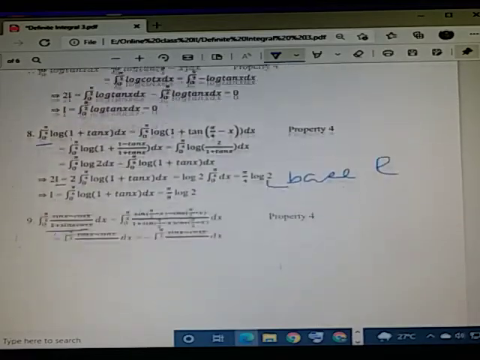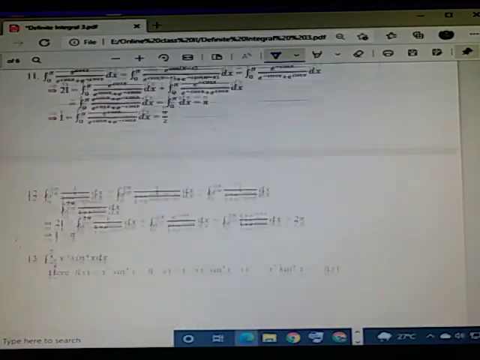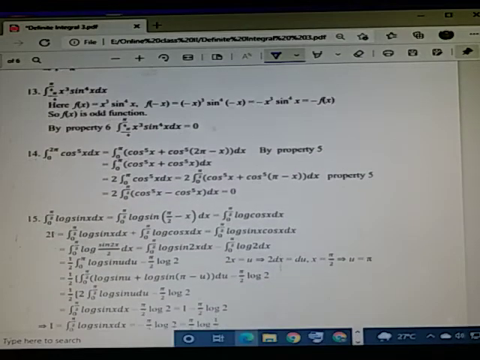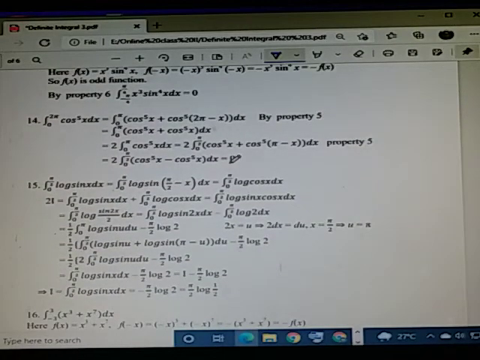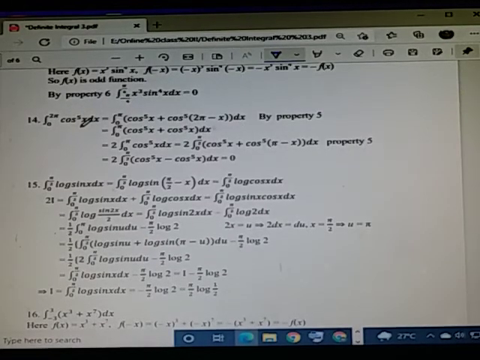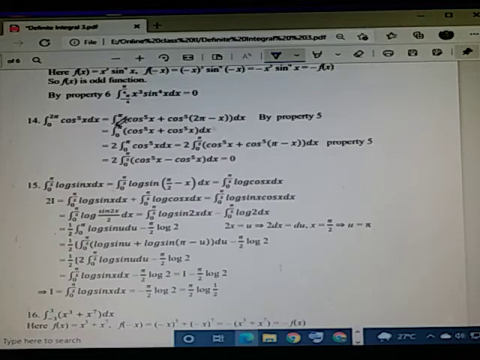So number 14. Here a is pi. So 0 to a, 0 to pi, then cos to the power 5 of twice a minus x, that is twice pi minus x.